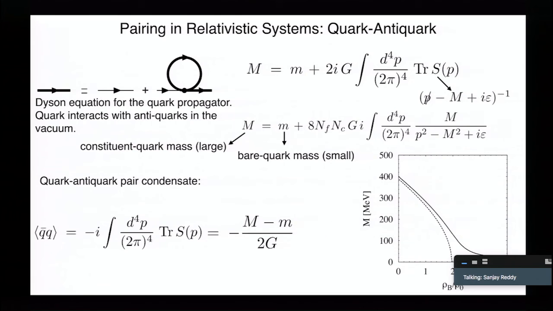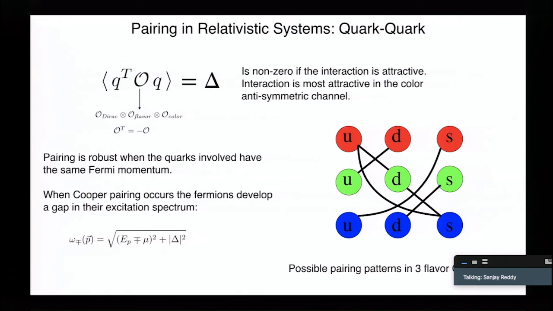All of these fermion states are occupied, and that affects the calculation of this Dyson equation. On the other hand, as you build up the Fermi surface, the effect that becomes relevant is pairing at the Fermi surface. So instead of having Q bar Q, you have a QQ.